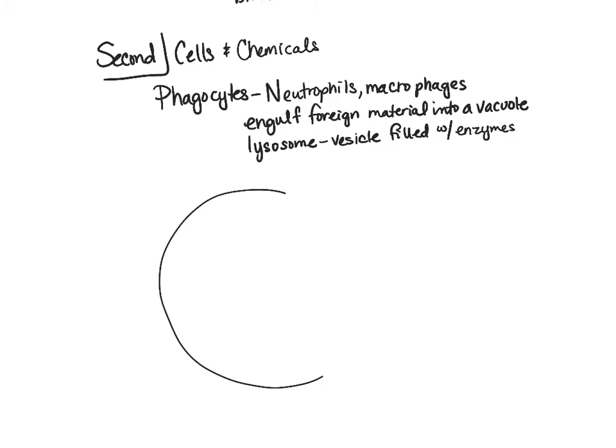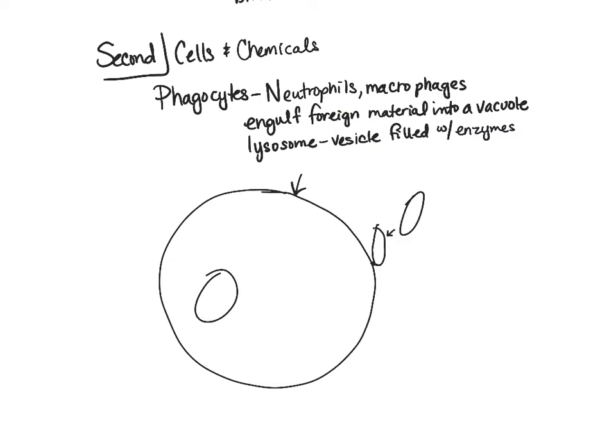So if we look at our cell, we have our phagocytic cell here, and let's say it does come upon a bacteria here. It's going to recognize that this bacteria is not self, so it's going to get close to it. So this moves closer. And then it's going to recognize that it is not self. When it recognizes that it's not self, then this is our plasma membrane out here.